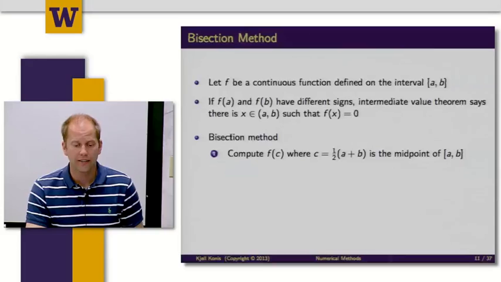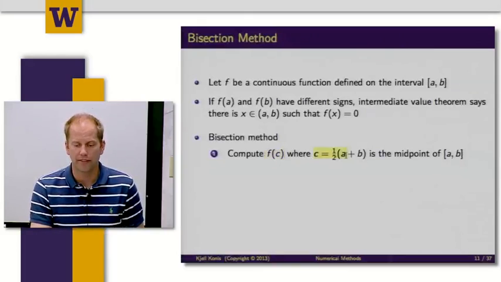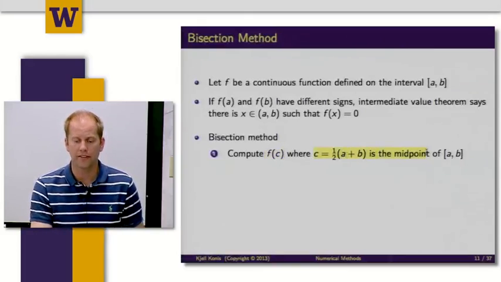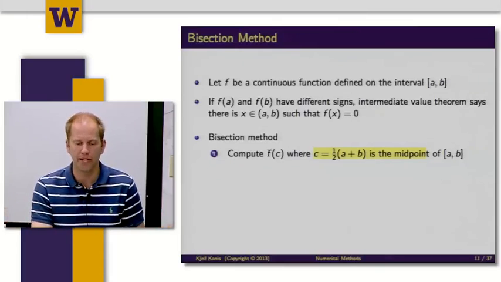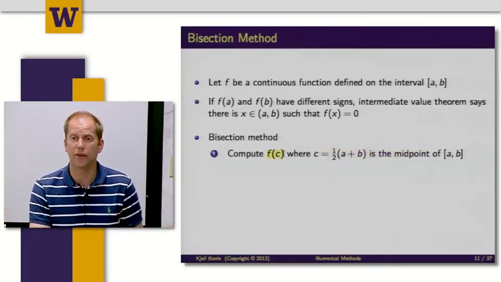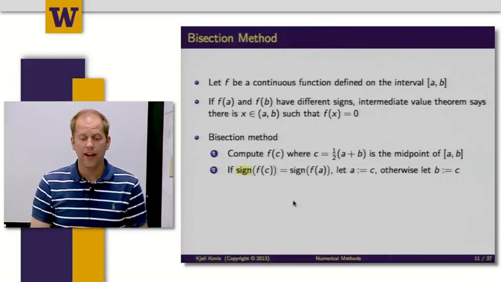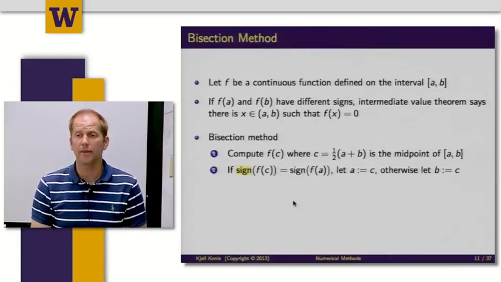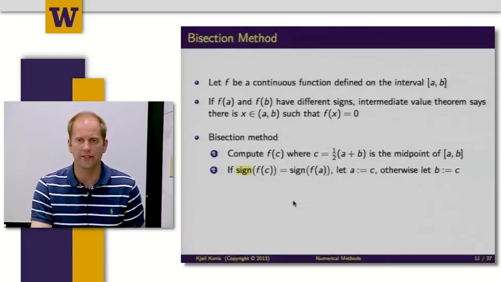The idea is I'm just going to take my interval, split it in half, and evaluate at the midpoint. This point c is just the average of the two endpoints, so that's the midpoint of the interval [a, b]. I'll evaluate the function at this point c. Sine is a function where if the argument is greater than 0, I get positive 1; if the argument is less than 0, I get negative 1; and if the argument is equal to 0, then the sign of that is equal to 0.